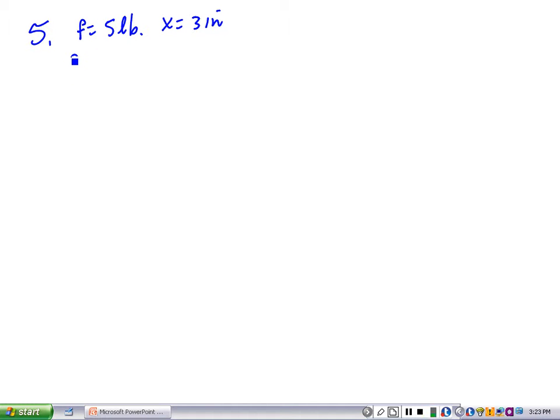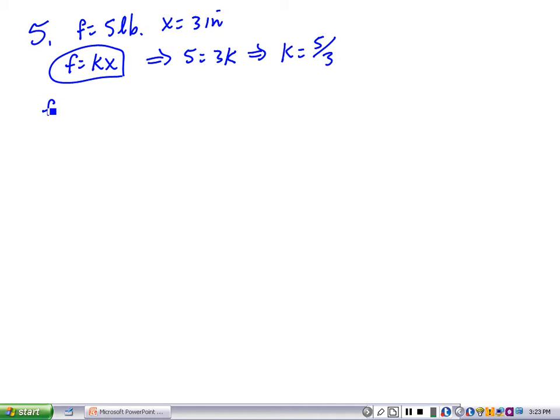We use Hooke's law, that is F is equal to some constant times x. In doing so, this implies that we have 5 is equal to 3 times k. Here we can solve for k, the constant of proportionality that is to be determined. Here we have determined it. Now from there, the force is 5/3 times x.